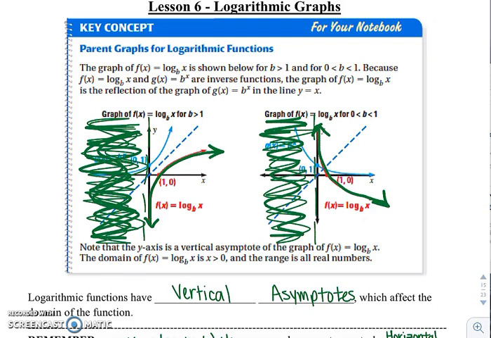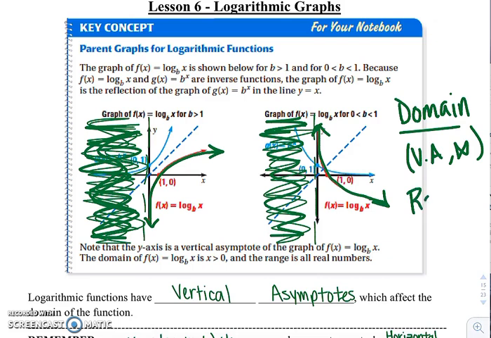Right now, because they're not shifted at all, the vertical asymptote is on the y-axis, so the domain is from 0 to positive infinity, or x is greater than 0. For these graphs, the domain is always going to be from the vertical asymptote to the right, so vertical asymptote to positive infinity.